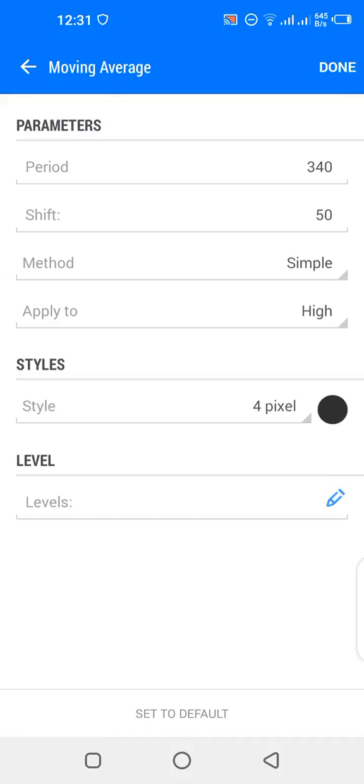Then I have 340 period moving average. The shift is 50. The method is simple. Apply to high and the color is black.